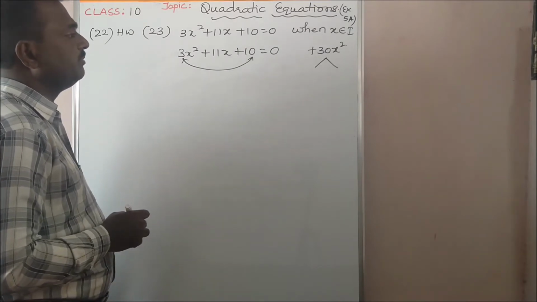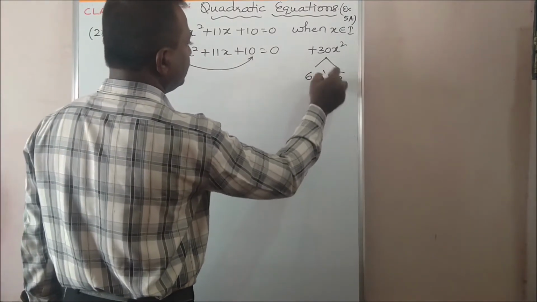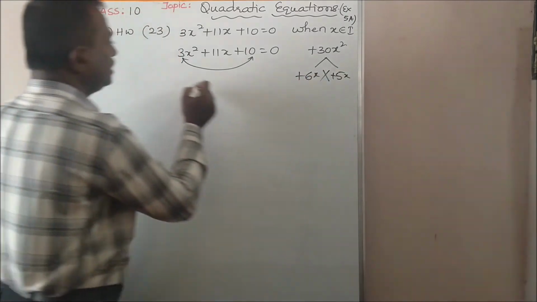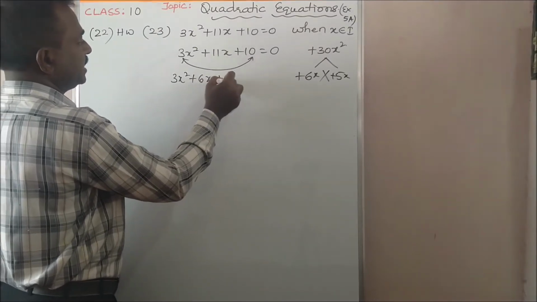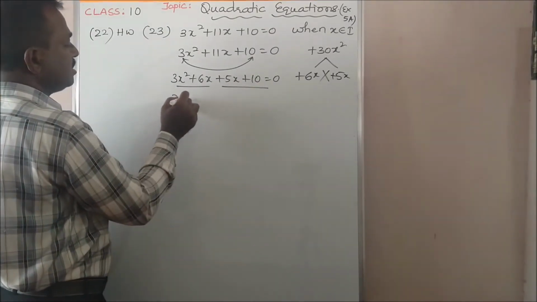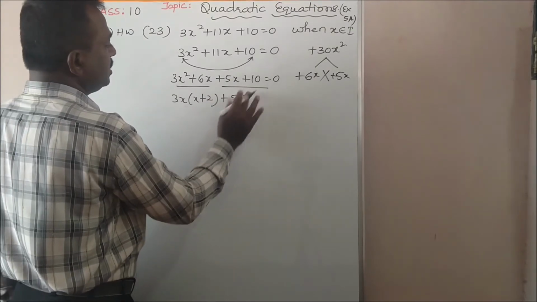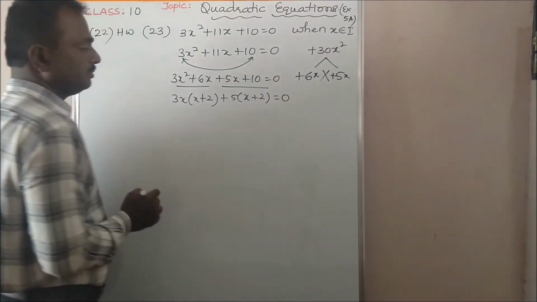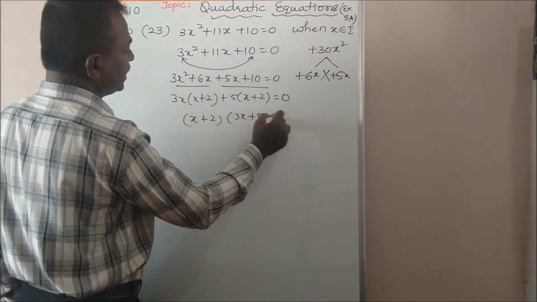They are 6 and 5, since 6 into 5 is 30 and 6 plus 5 is 11. So 3x² + 6x + 5x + 10 = 0. 3x is a common factor, leaving x + 2; 5 is common, leaving x + 2. So x + 2 is one factor and 3x + 5 is another factor, equal to 0.